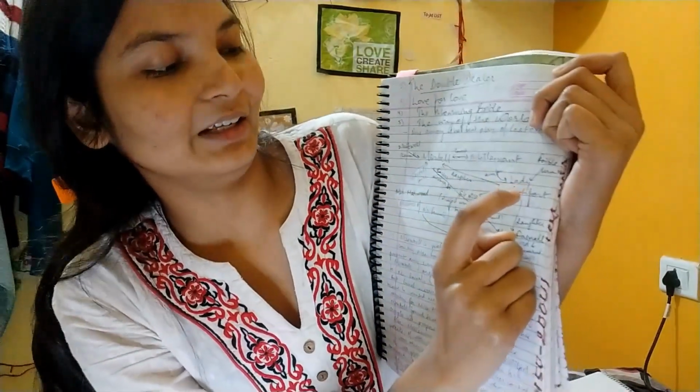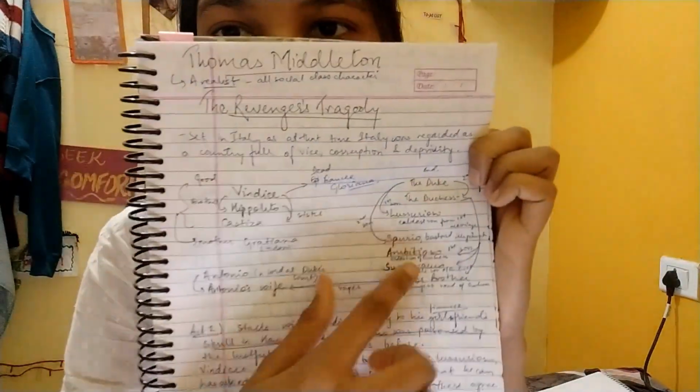Millamant's aunt, Lady Wishfort. It is basically, if I need to simply understand the summary of the whole play, I don't need to go through the whole summary, पूरा पढ़ो. I can simply look at this arrow diagram and then I can understand this. If you can see this, this is how I make these sort of notes.